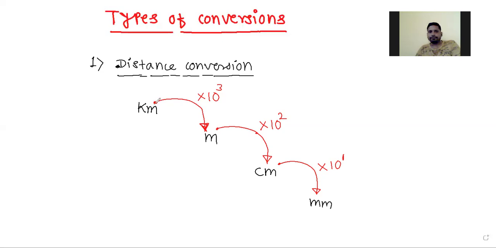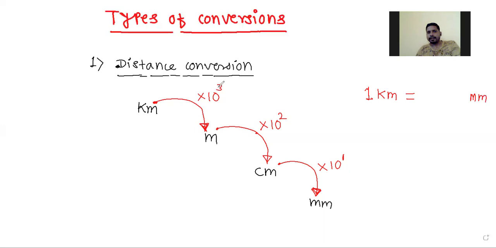So if we wish to calculate the distance from kilometer to millimeter, any guess? Observe it, starting point is kilometer and last is millimeter. So convert the distance from kilometer to millimeter. Okay, so for unity, I can say 1 kilometer will be what in millimeter?